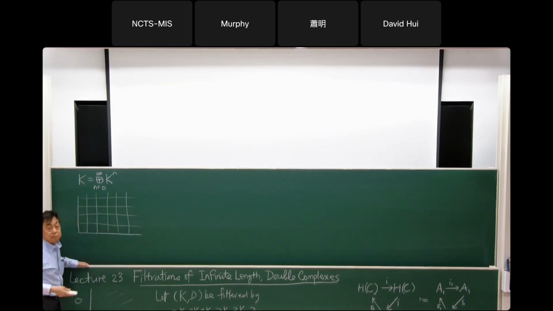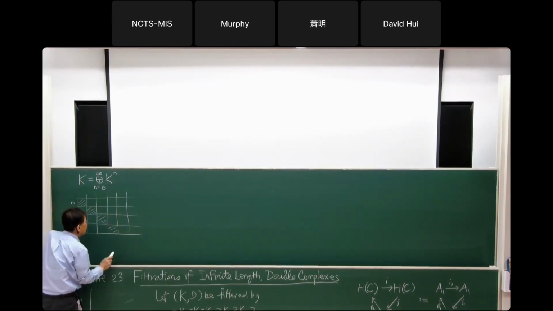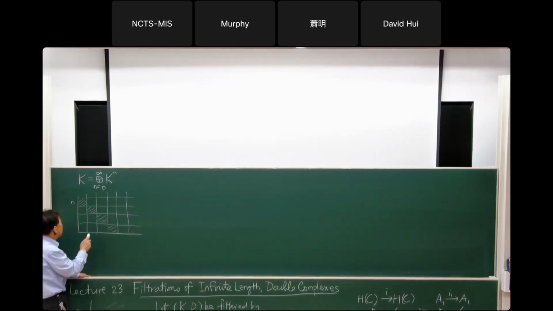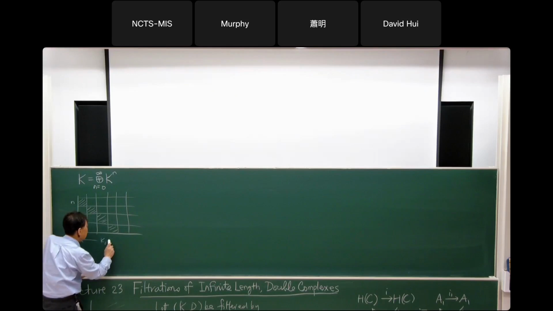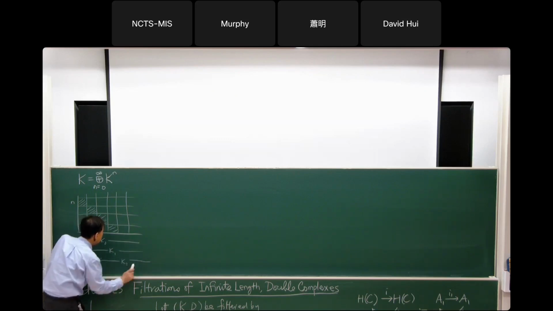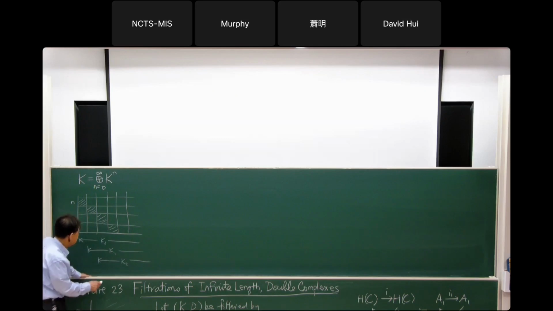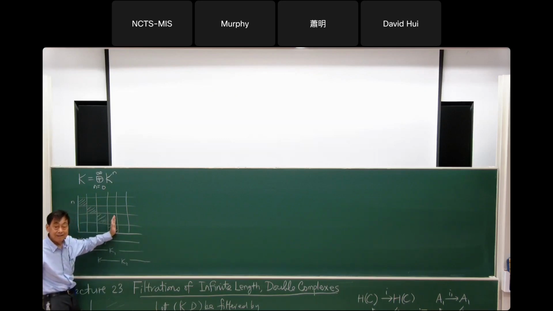So K might be a double complex, right? And so degree N would be these boxes. And the filtration is infinite. But you see that if you just look at elements of degree N, then the filtration is finite.